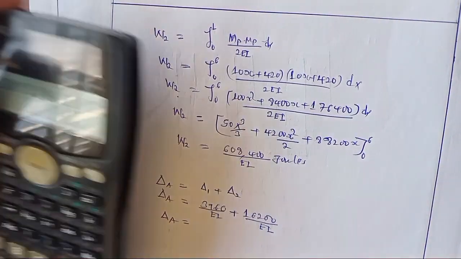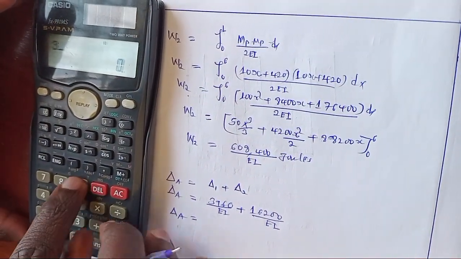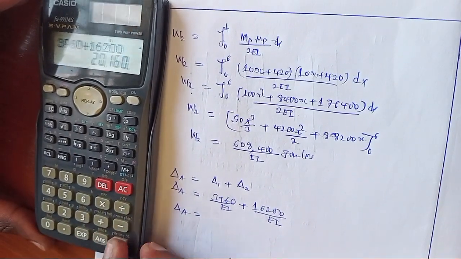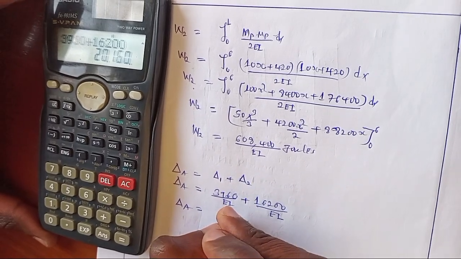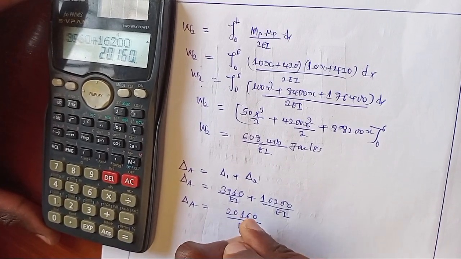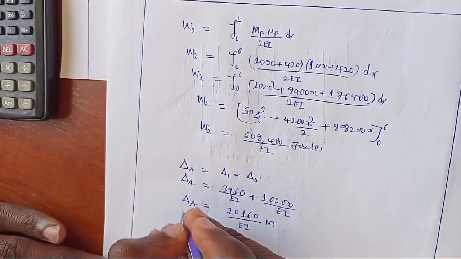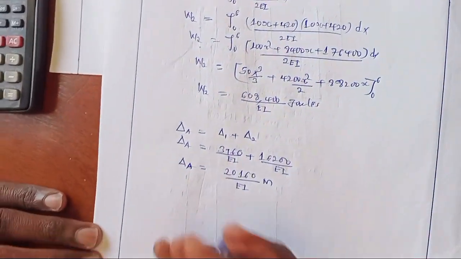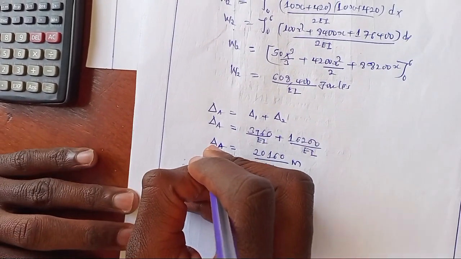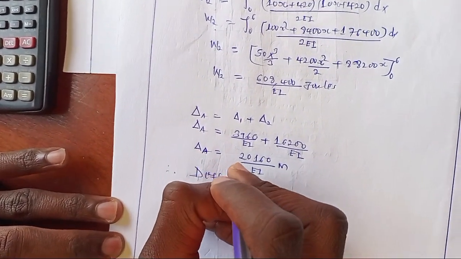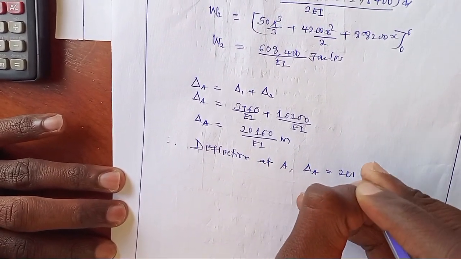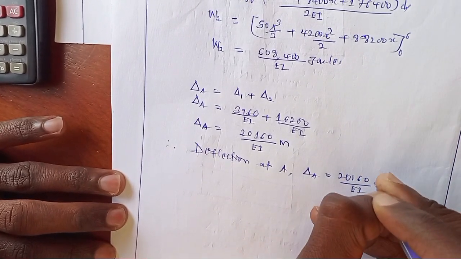Deflection at point A is 3960 plus 16200, so the deflection at point A will be 20160 over EI meters. This is the deflection at point A.